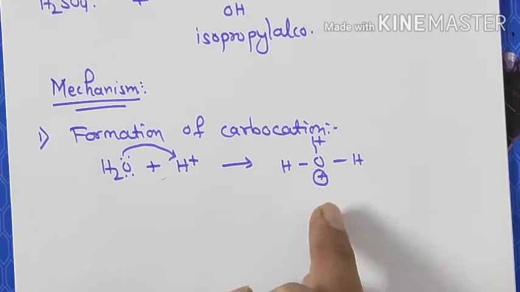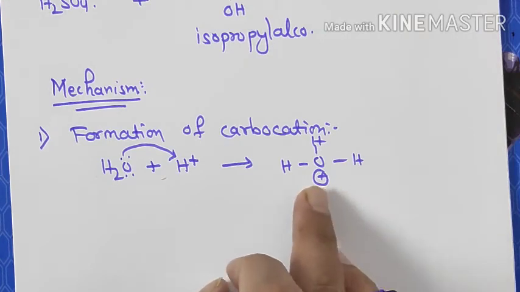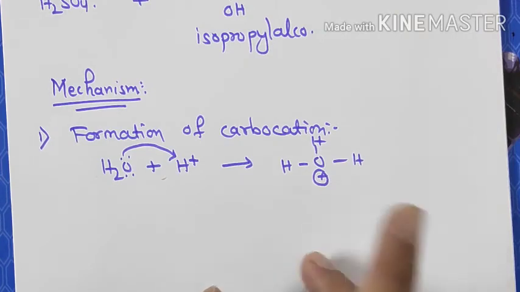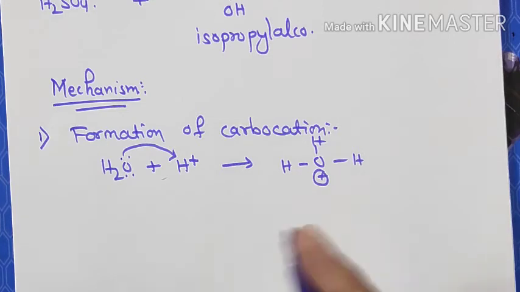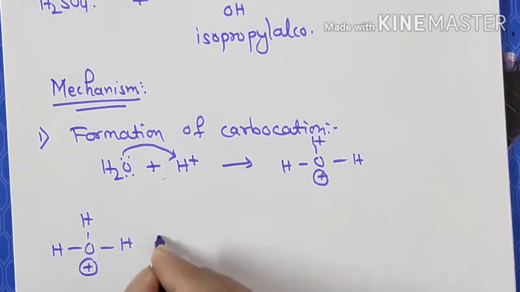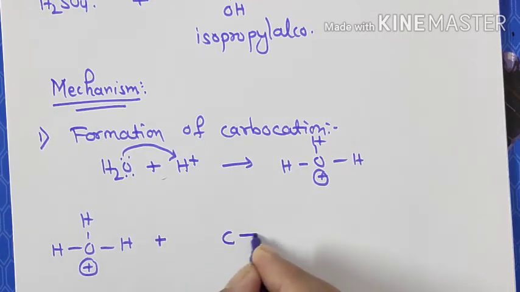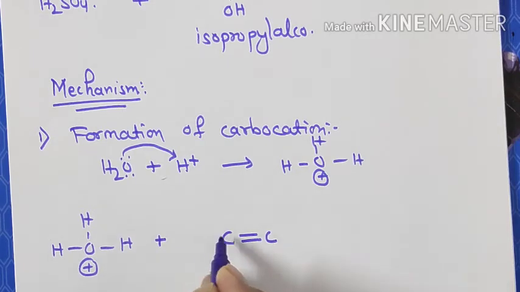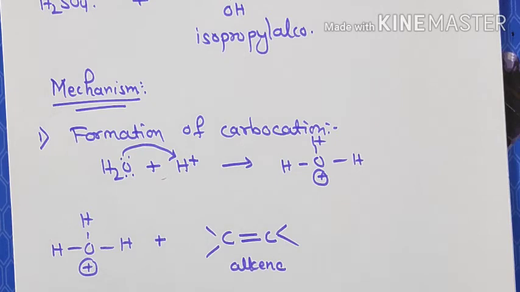Now in this first step, this hydronium ion is going to react with an alkene, any alkene for that matter. Suppose I have this hydronium ion treated with an alkene. What will happen?